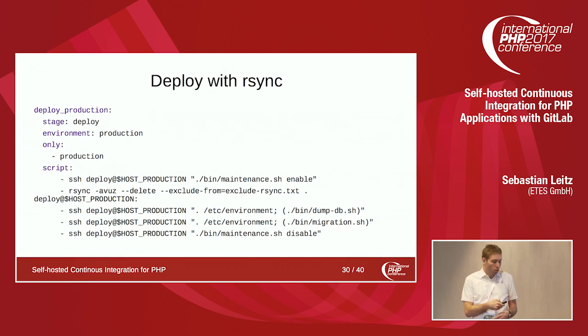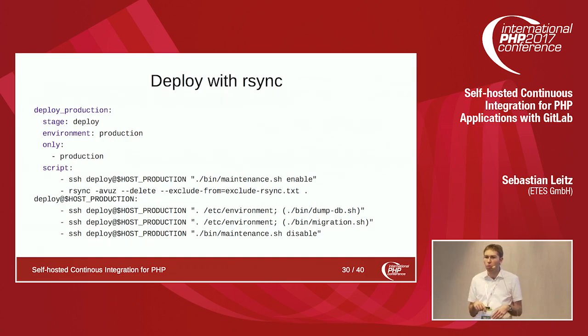So we have an exclude file here, which hides all that stuff and prevents it from being transferred to the target system. Also, if you're using the delete option with rsync, it would delete any kind of file it encounters on the other side, which is not present in your local build.